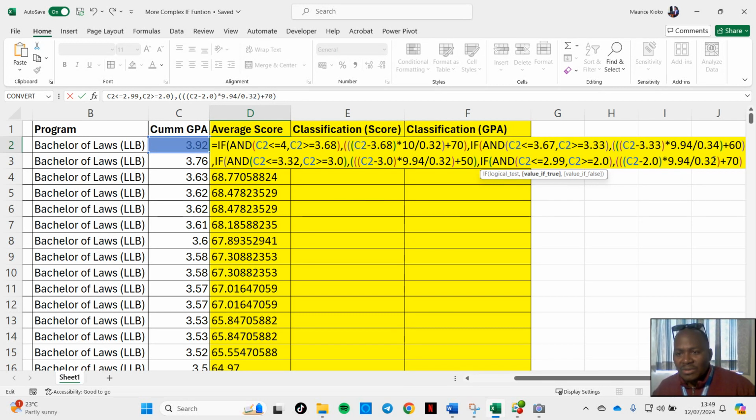What's the difference? 2.0 to 2.99 is 0.99, must be. So this one becomes 0.99 plus 40.